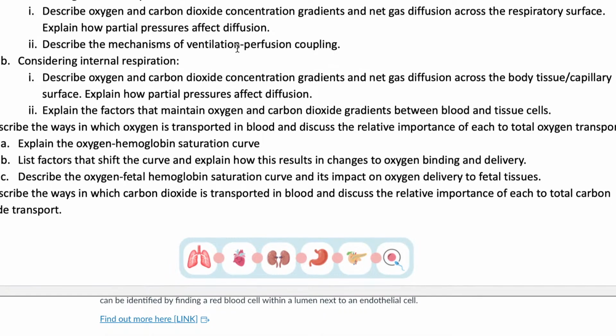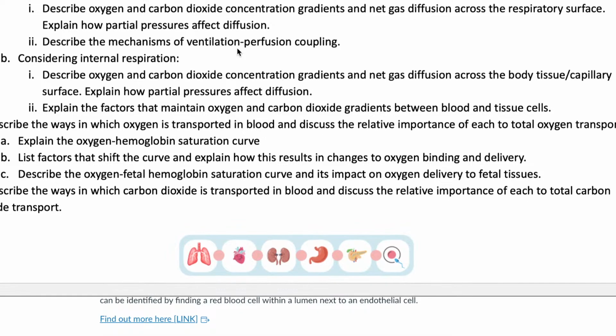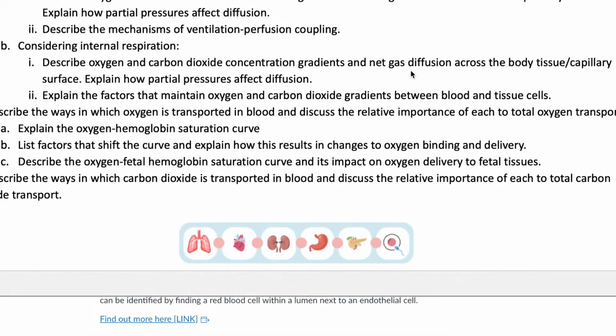Considering external respiration, describe oxygen and carbon dioxide concentration gradients and net gas diffusion across the respiratory surface. That's pretty simple. Oxygen is higher on the outside, so it's going to go inside. Carbon dioxide is higher on the inside, so it's going to go outside. It's just that simple gas exchange and diffusion. And explain how partial pressures affect diffusion.